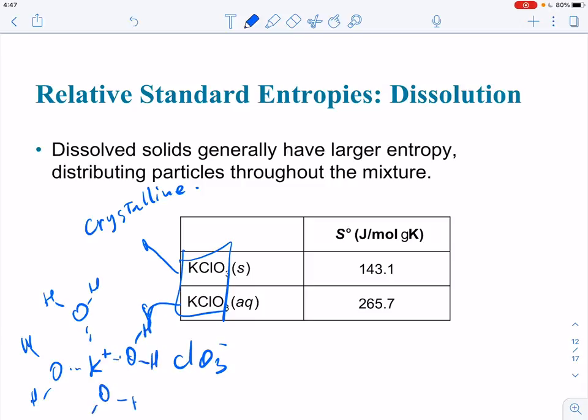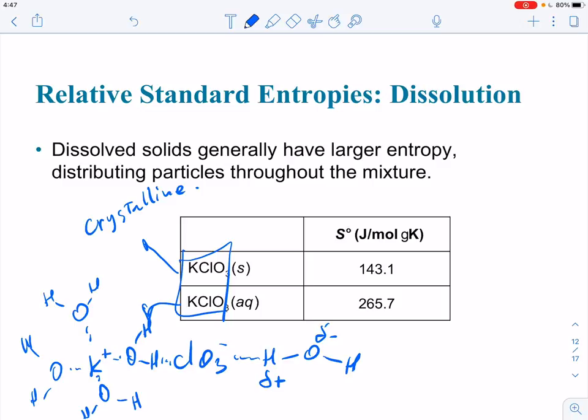The oxygen will be pointing in the direction of potassium, and the hydrogen will be pointing in the direction of the chloride. And why is that? Because the hydrogen in water is partially positive and the oxygen in water is partially negative, so opposite charges will attract themselves.